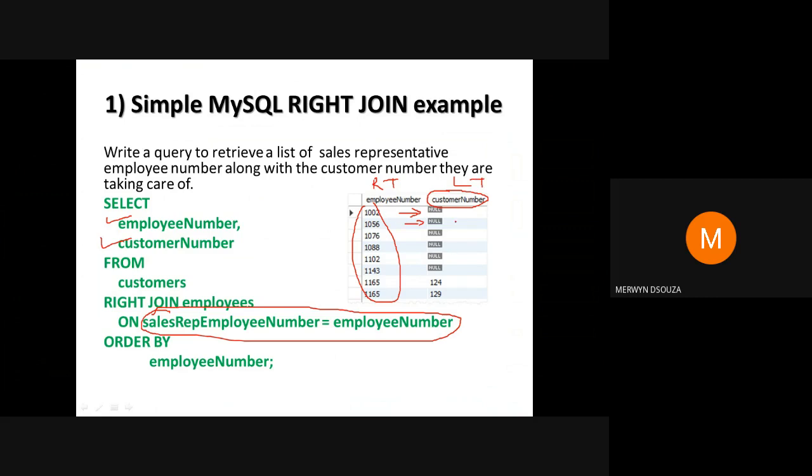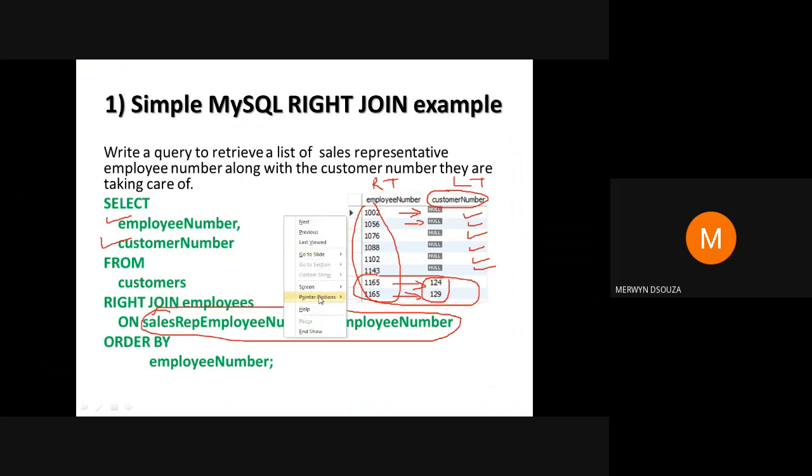You can see here for the first 6 entries, the employees are not having any customer number, but only for the last 2 entries there is a corresponding value, a match in the left table. So those values are displayed.